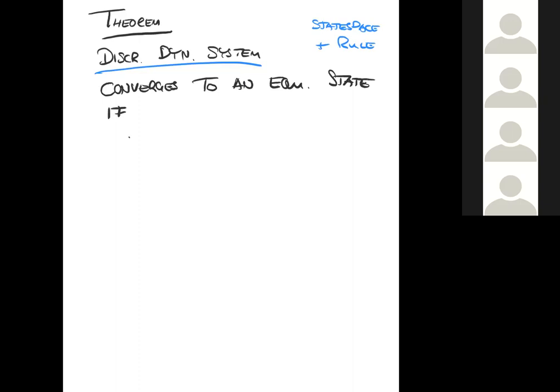Number one, this transition rule P is Markovian, so it only depends on the current state of the system. So that was this condition of no memory. The transition rule is ergodic, so at least in principle, it can take you from anywhere in state space to any other place in state space, and it satisfies detailed balance.